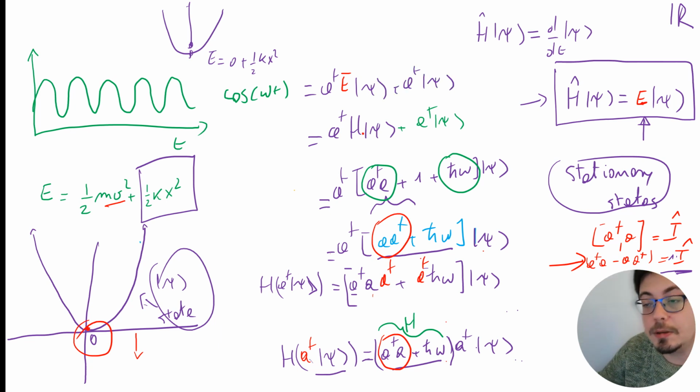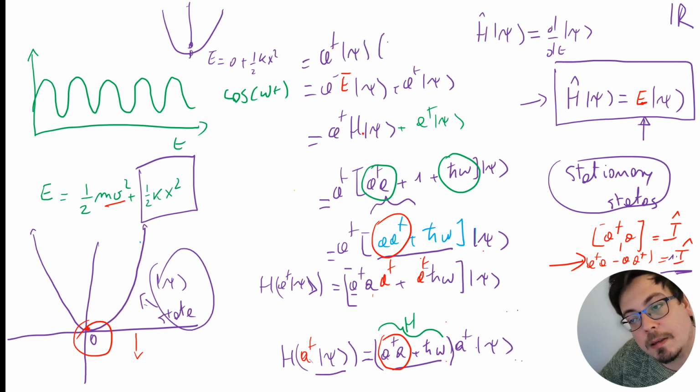But now it's very easy because this is the same operator applied to the system, meaning that we have that H, we have that A dagger psi, energy plus 1.